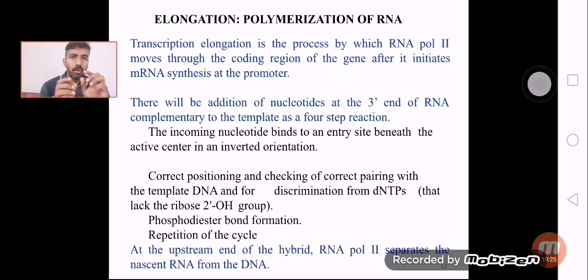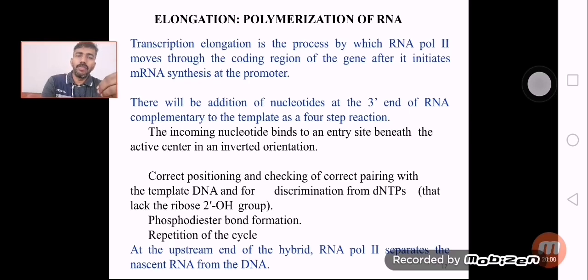It will also undergo a cross-checking of whether this is the correct base required to be added there, and whether it is the original native one, that means whether it is the NTP, ribonucleotide, or deoxyribonucleotide, right? After that checking is over, there will be the phosphodiester bond formation, and finally that cycle will repeat. So these are the events happening during the elongation process.